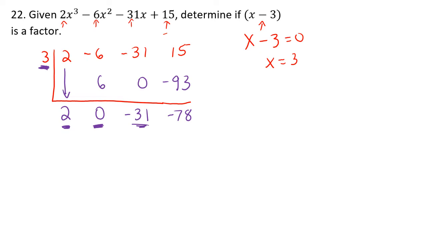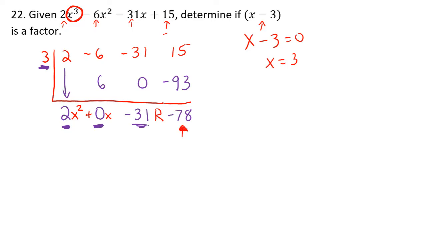Now when we do synthetic division, if our problem started with the degree of x to the third, it goes down by 1. So this is x squared plus 0x minus 31. So x squared, x, no x. And the last number is our remainder. Well, our remainder wasn't 0.